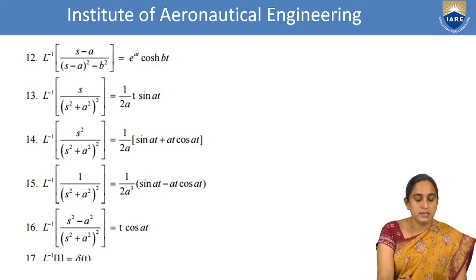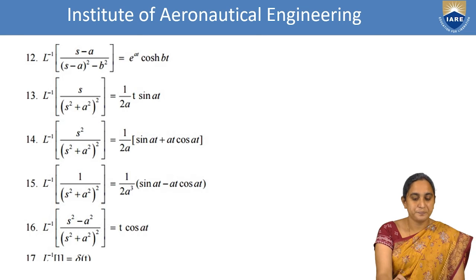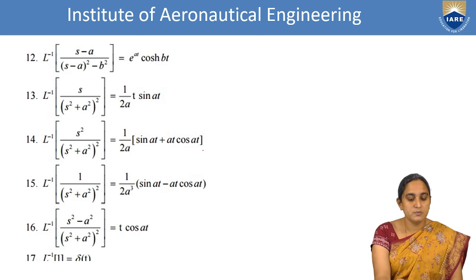Next, 13th formula, Laplace inverse of s by s square plus a square whole square, that is equal to 1 by 2a into t sin at. Next, Laplace inverse of s square by s square plus a square whole square.